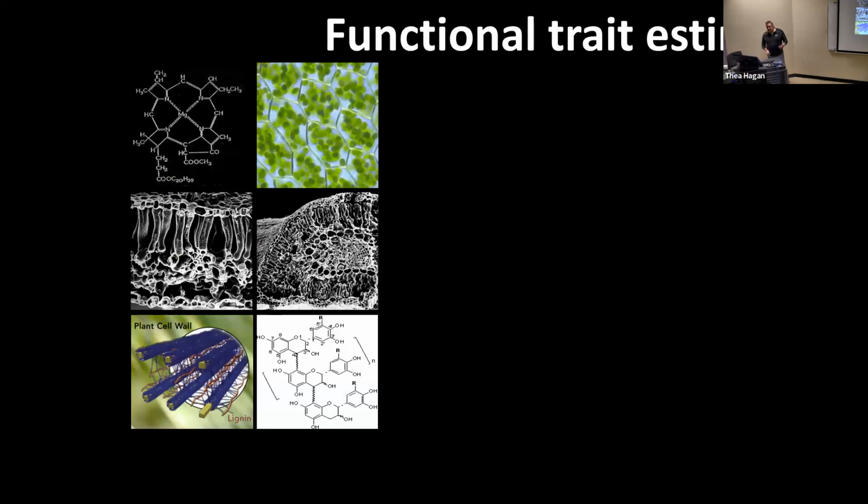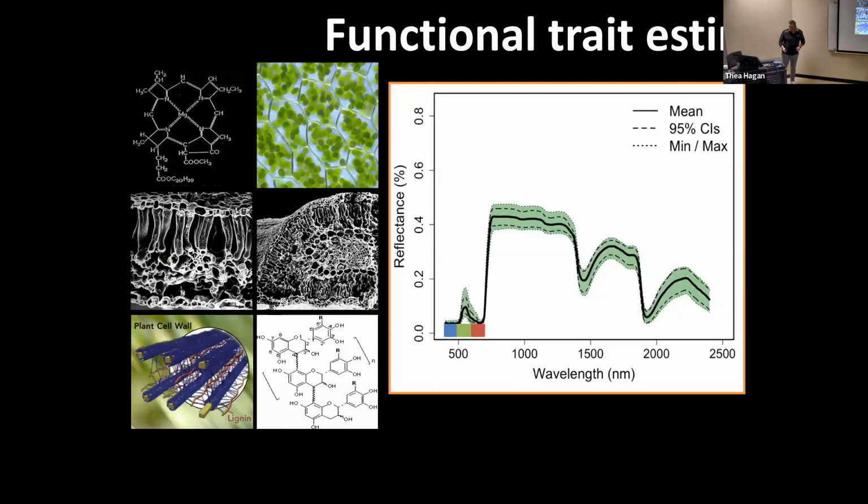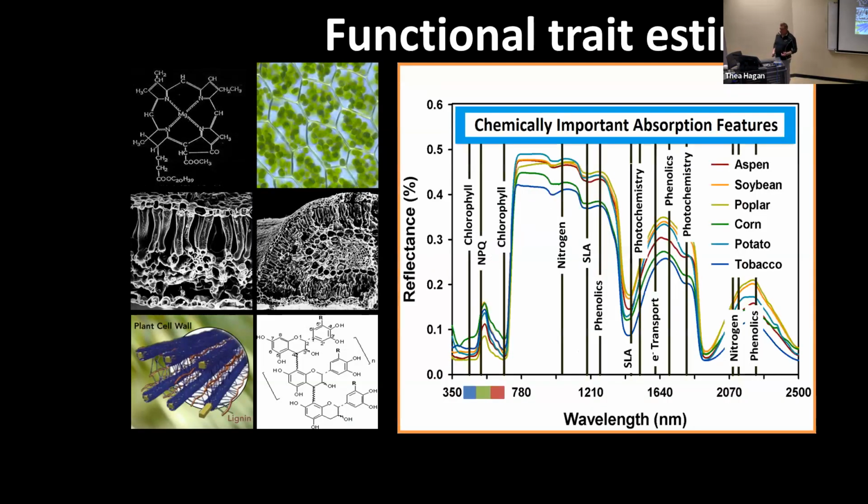So functional trait estimates. What is a plant made up of? You have Rubisco, chlorophyll, a lot of structure, phenolic compounds, lignins, a number of different things. And how can we use spectral data to understand this biochemistry, or these chemical properties and structural properties, and even physiology?